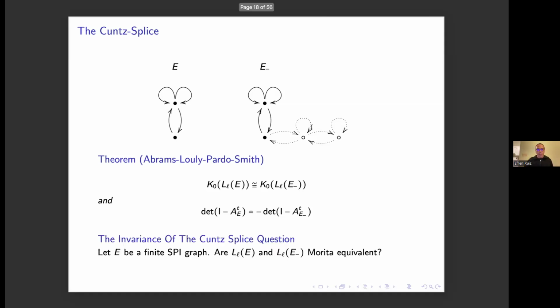For graph C-star algebras, it's now known that when you do the Cuntz-Splice, you always get Morita equivalent graph C-star algebras, but for Leavitt path algebras this is the outstanding open question: do we always have that the Leavitt path algebra of E and of its Cuntz-Splice are Morita equivalent? This is the invariance of the Cuntz-Splice question, as I have here.